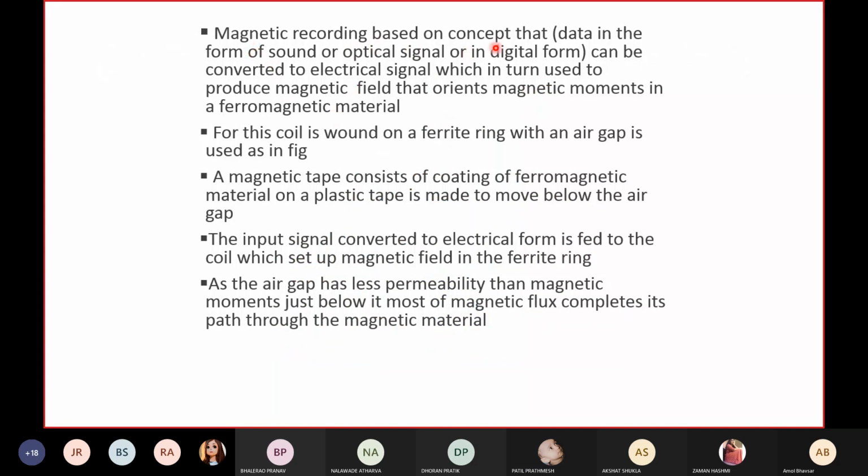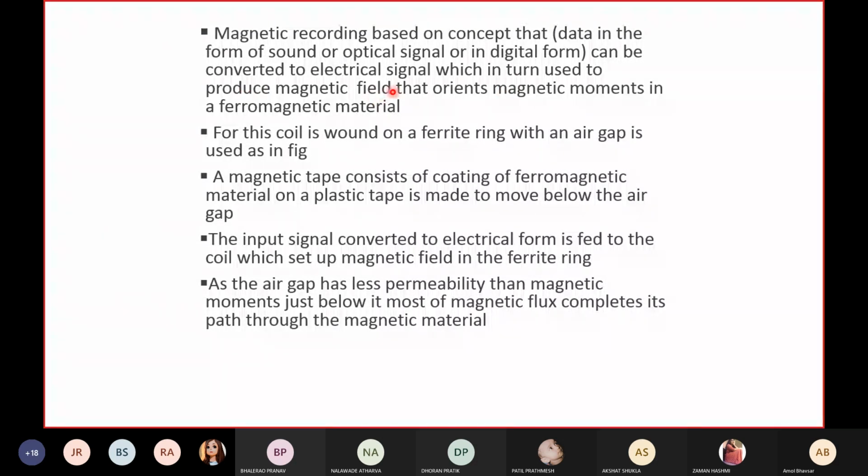Magnetic recording is based on the concept that data in the form of sound or optical signal, in digital form, can be converted into an electrical signal. So we convert sound, optical and other signals into an electrical signal, which is then used to produce a magnetic field. First we convert the sound signal into electrical and then electrical into magnetic.